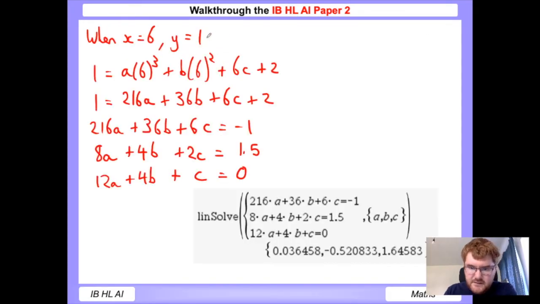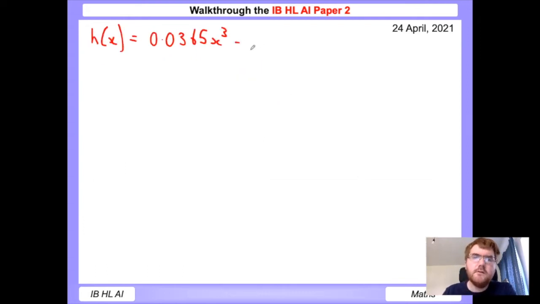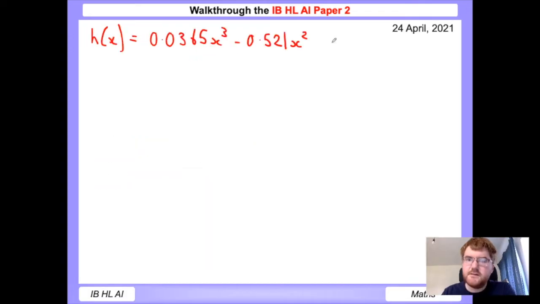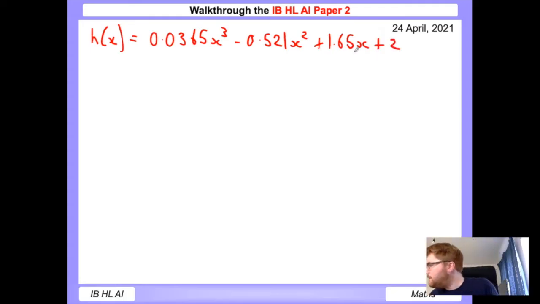Notice I've done this in order. So this is my A, this is my B, this is my C. So we have 0.521 x squared plus 1.65 x, and don't forget the plus 2, that's important as well.